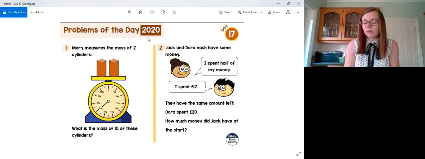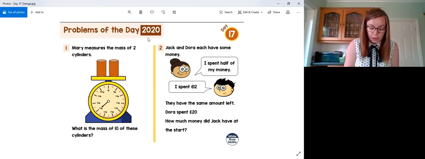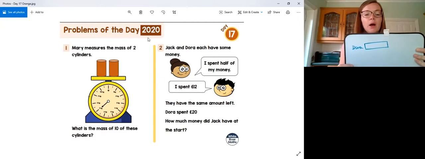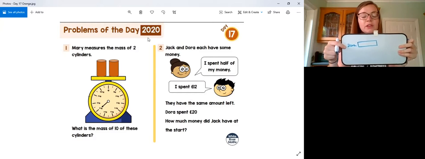So there was lots of information in that question. So again, we're going to think about what we know, what we need to know, and our calculation. And we're going to think about what we know by putting it down visually to help us. So I'm going to start off with a bar to represent Dora's money. So I've got a blank bar at the moment for Dora's money. And if I look at Dora's speech bubble, it tells me that she spent half of her money.